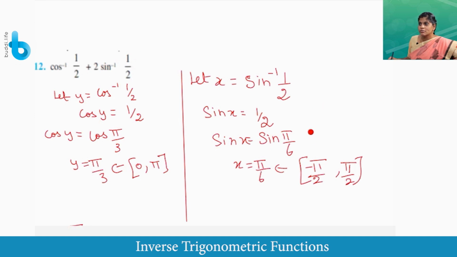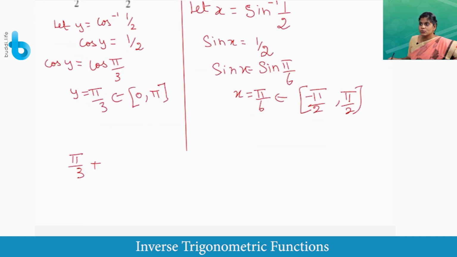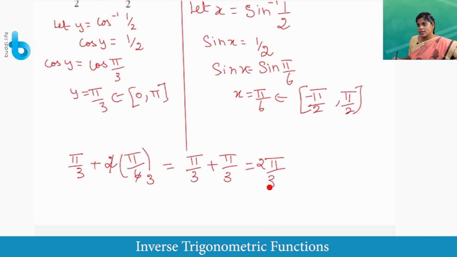We should not miss that value. So 2 into pi by 6, cancel: 2 once, 2 three times. So which is pi by 3 plus pi by 3, which is 2 pi by 3. And that's it, your problem. Yes, correct. So we'll move to the next sum.